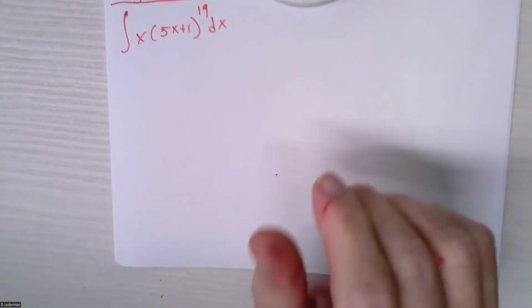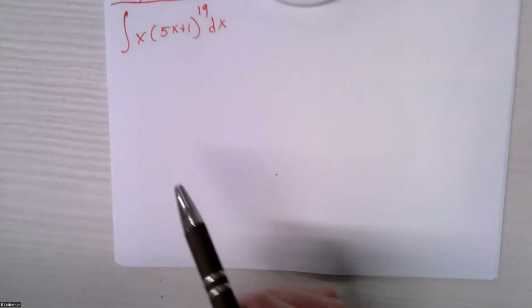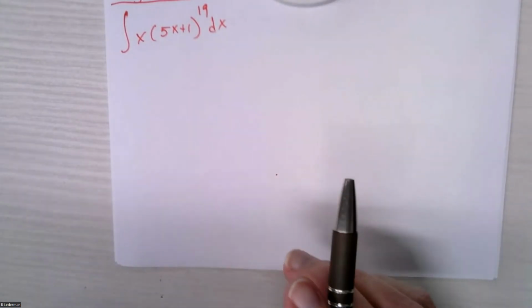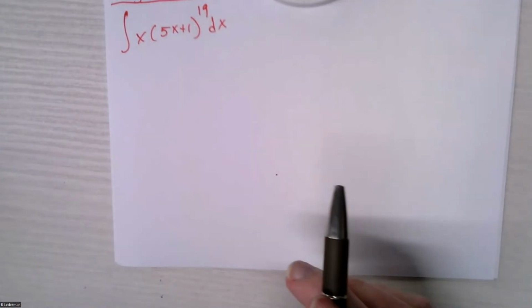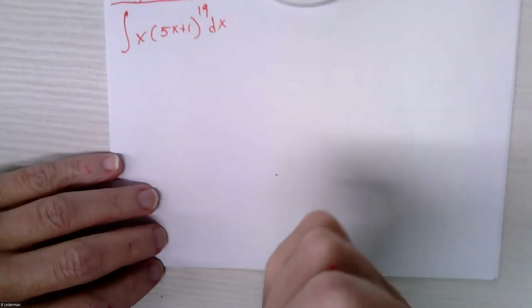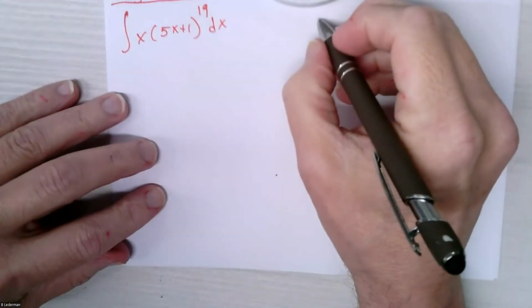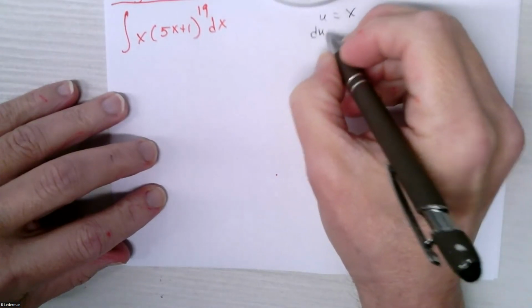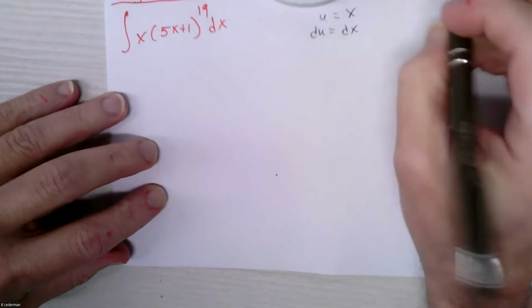I want to give one last example for this video. This video is actually part 1 for the section, but I'm going to let u equal x. So du equals dx. That was easy enough.